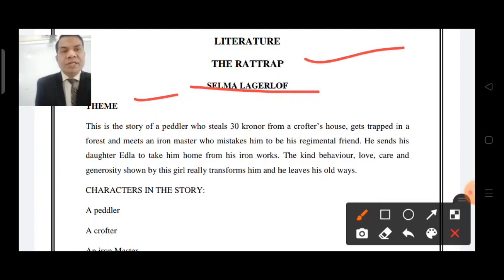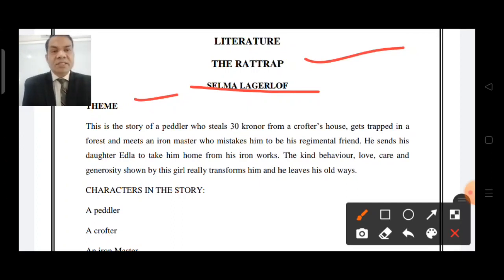This is the story of a peddler who steals 30 kroner from a crofter's house, gets trapped in a forest and meets an iron master who mistakes him to be his regimental friend.